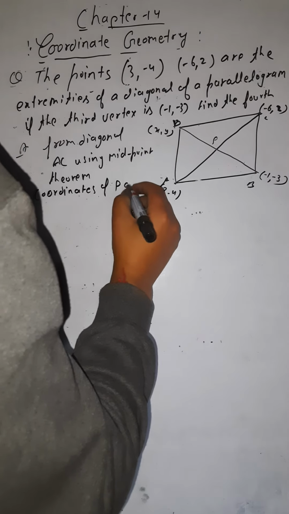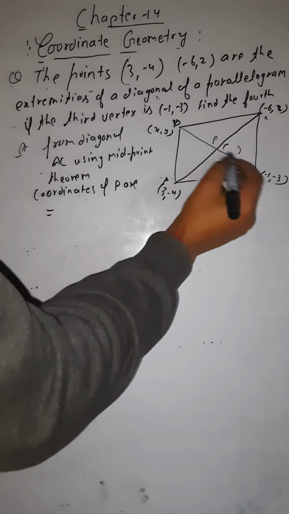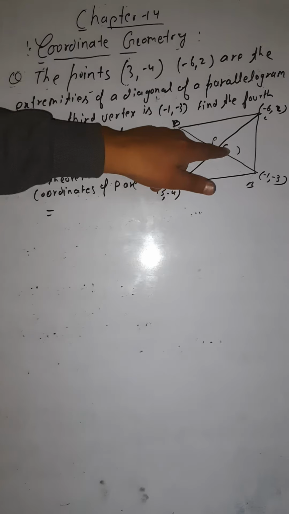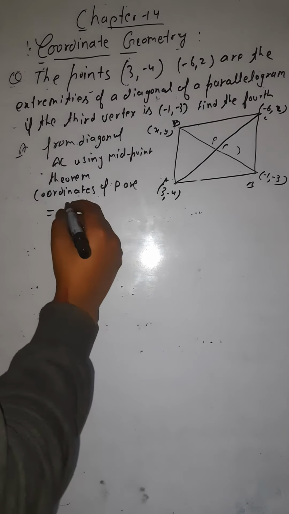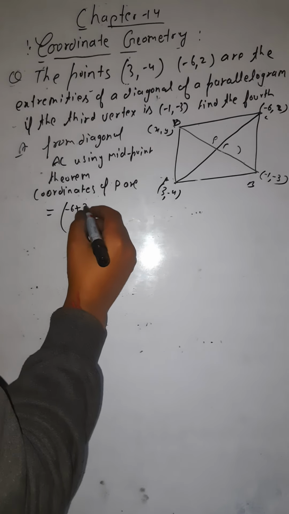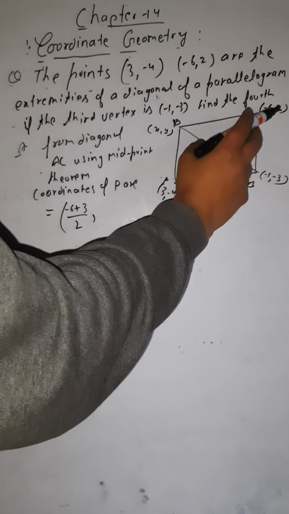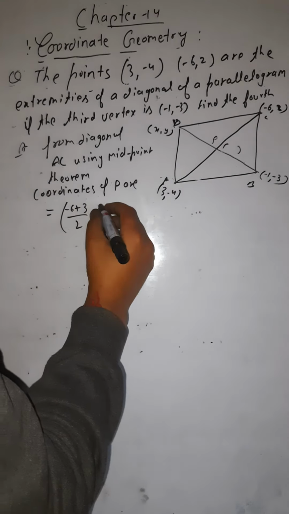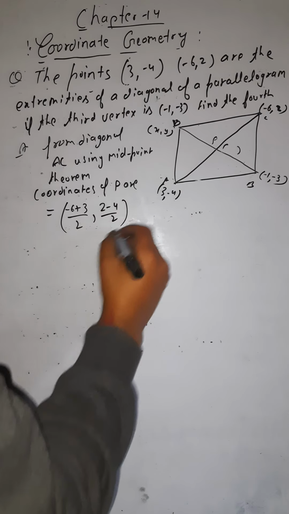Can you tell me the coordinates of P? Because it is the midpoint, its first coordinate would be equal to its first plus its first divided by 2, which means minus 6 plus 3 divided by 2. Similarly the second coordinate will be its second plus its second, 2 plus minus 4, divided by 2.